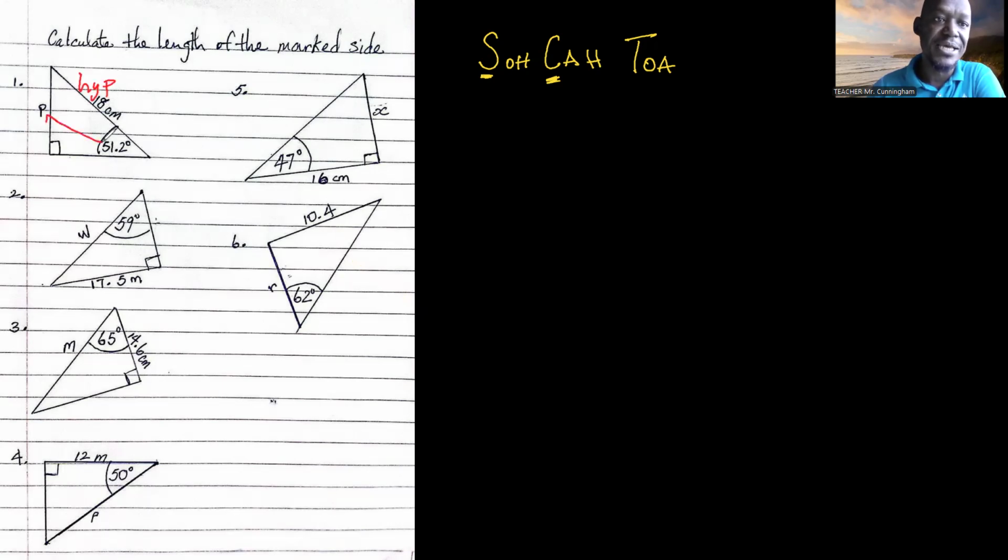The side that is opposite the angle is this side. We're going to call this opposite, the side that you want to find. The side you know and the side that you want to find are the two sides you want to look for. Which rule?